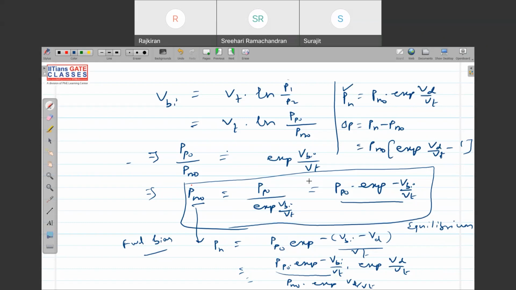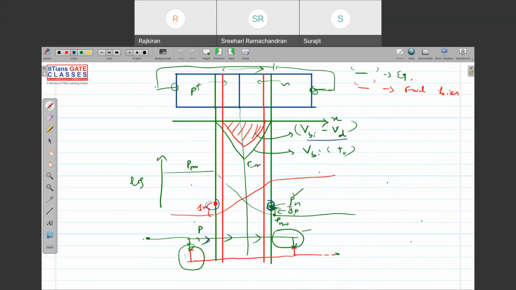This exponential increase in concentration gives me the exponential current-voltage characteristic.